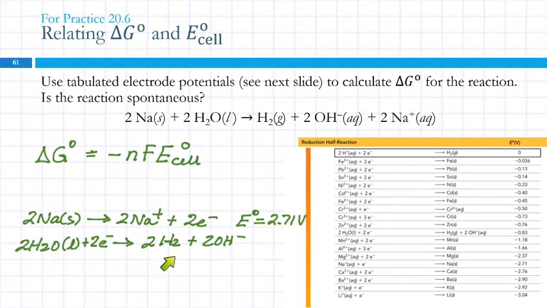And this H2O to H2 reaction is right here. 2H2O plus 2 electrons going to H2 plus 2OH minus, and that is minus 0.83.